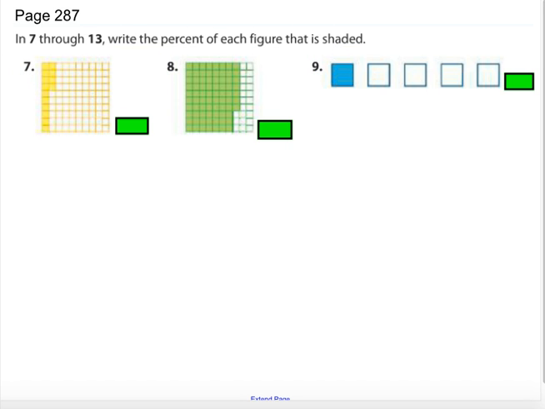All right, let's take a look at what we have. If you look at number 7, you can see that we have a 10 by 10 grid, okay?